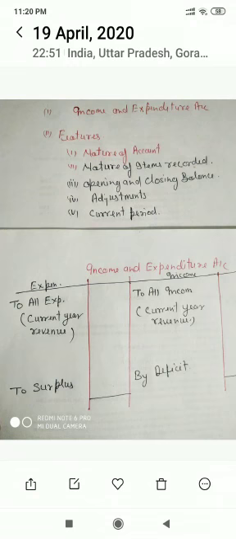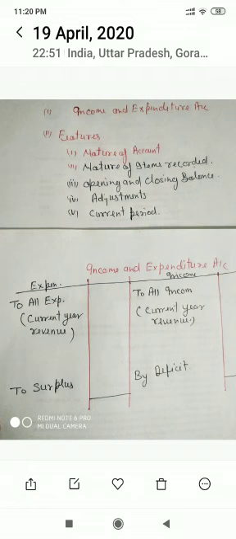On the expenditure side we show all expenses, current year expenses which are revenue in nature. On the income side we show all income, current year income which is revenue in nature.